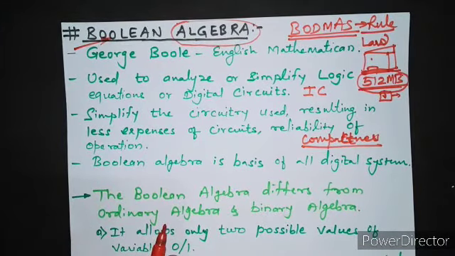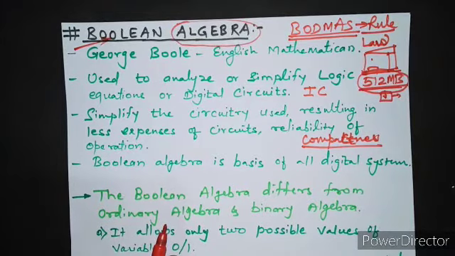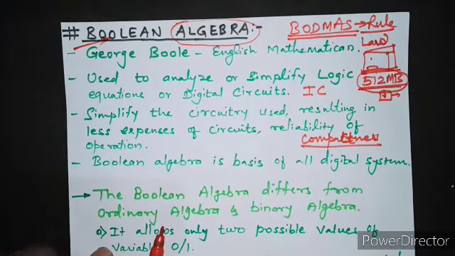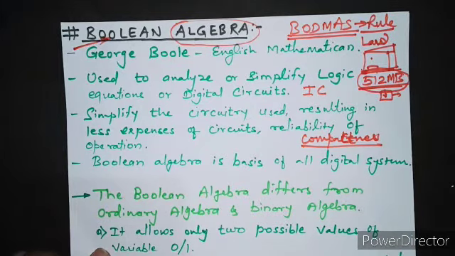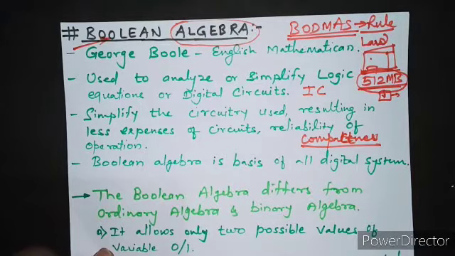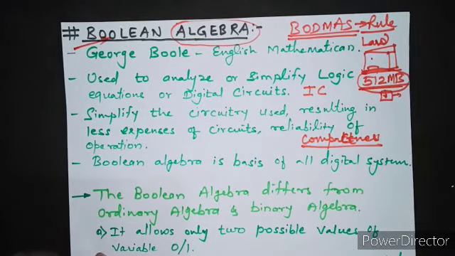Now, as the gates increase in a circuit, I'll repeat this, as the gates increase in the circuit, their cost also increases. But just imagine, instead of having 5 gates with some output, what if I can achieve the same output with fewer gates?